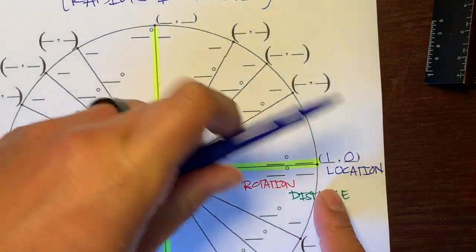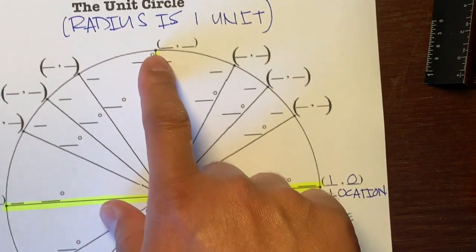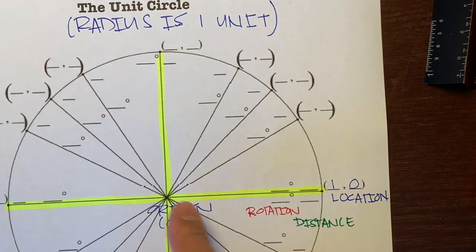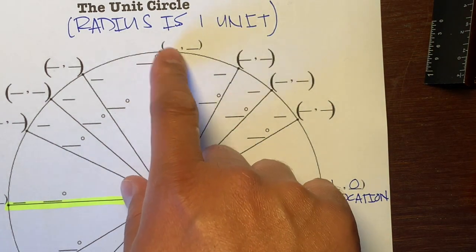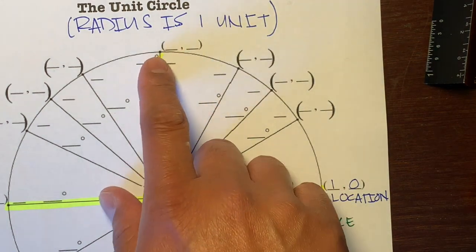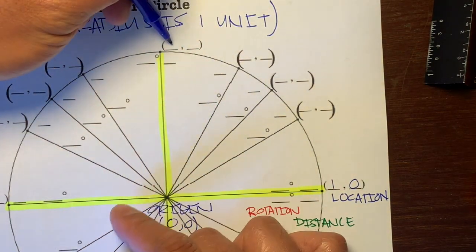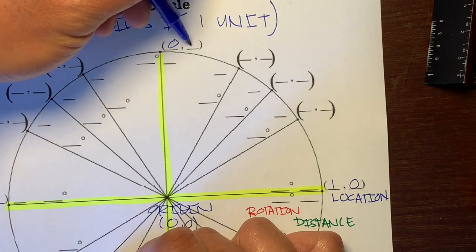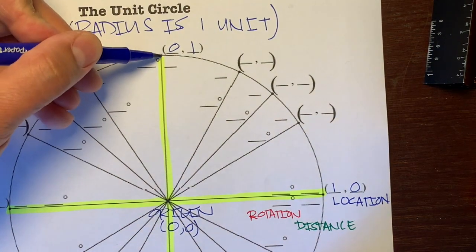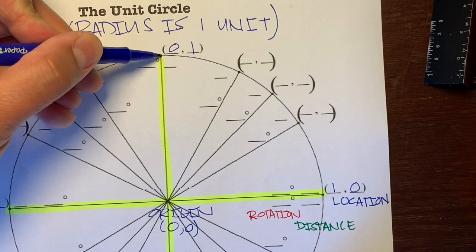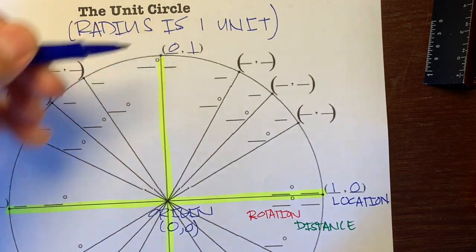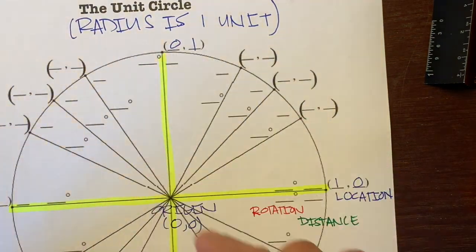And then if we go up to here, we didn't move left or right, we're just moving up. So the location for this point is 0, 1. If someone said, hey, where's your pen at, what's the location? You just say 0, 1, the x coordinate and the y coordinate.